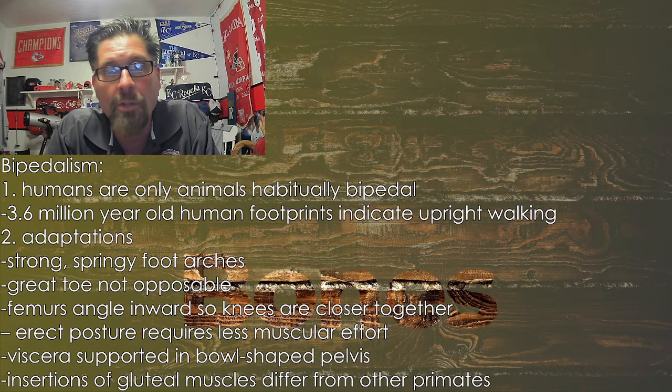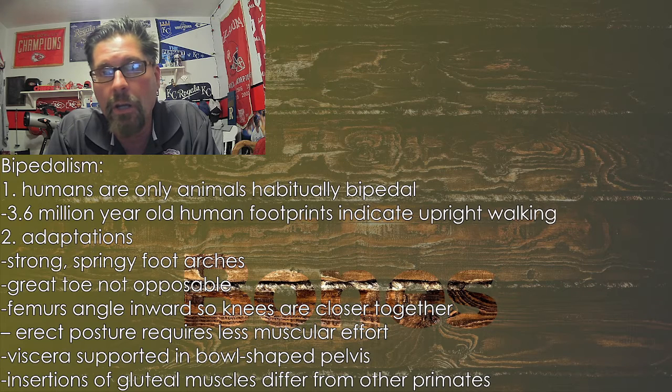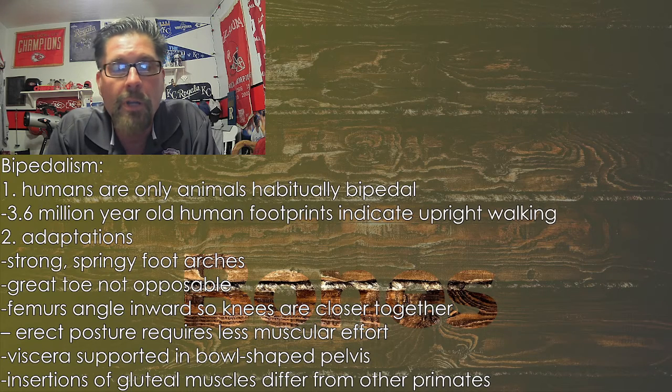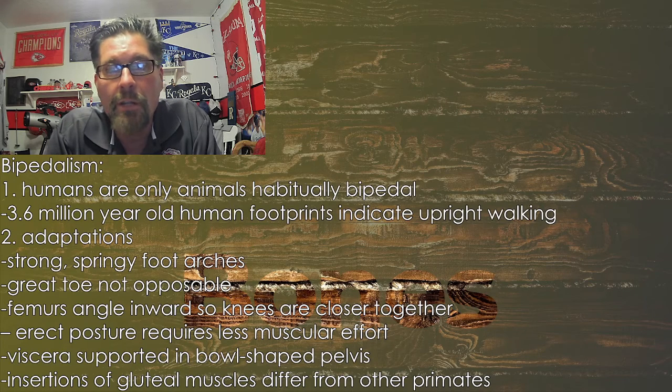Something like a horse would have quadrupedalism, or if you're a gorilla, even though you have leg structures, you still move in a quadrupedal manner. But we're the only ones that stand upright and move on 2 feet.